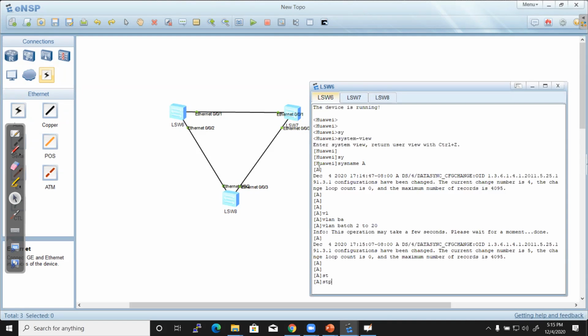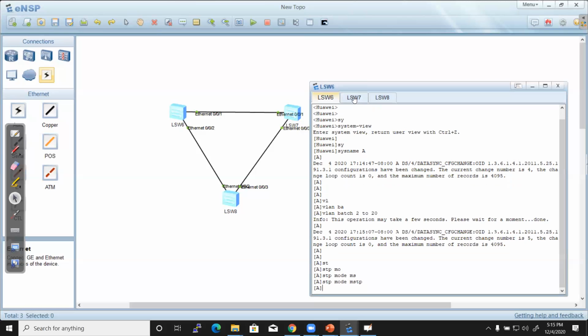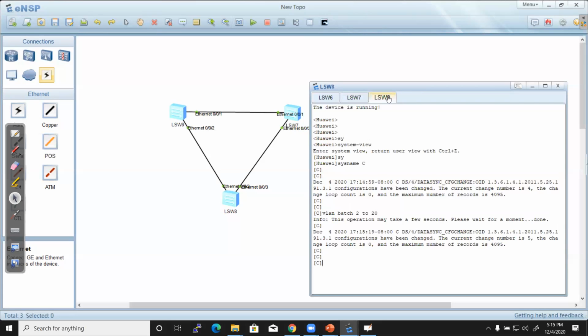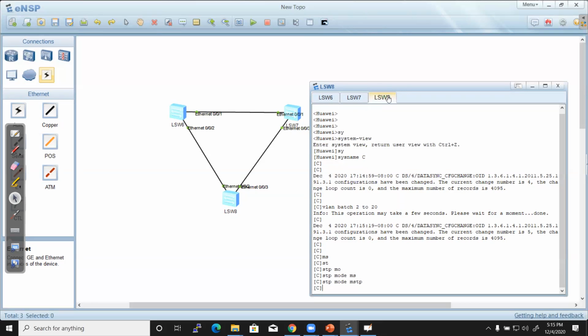Then STP mode MSTP: you need to enable MSTP on all the switches. Yes, Nawaf, I have given the name. STP mode MSTP, and again STP mode MSTP. Okay, fine.